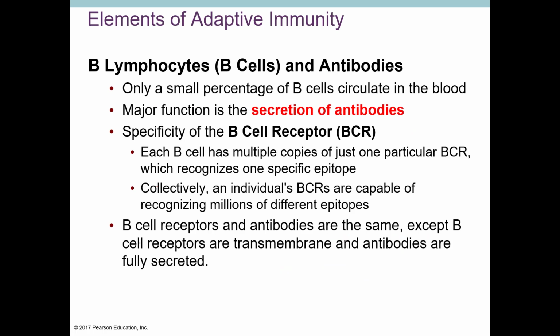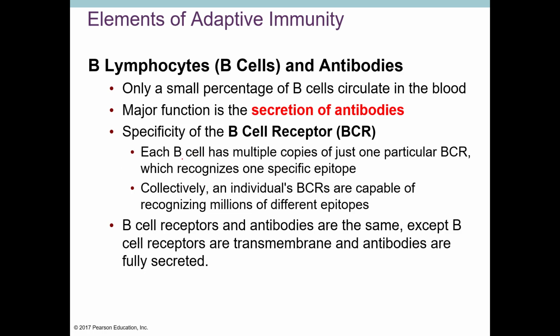All right, let's talk about B cells, because we said that once the proper T helper cell is activated, it's going to activate the correct B cell. Just like the T cells have T cell receptors, B cells have B cell receptors. And just like with T cells, there are thousands of different B cells with B cell receptors that are all different.